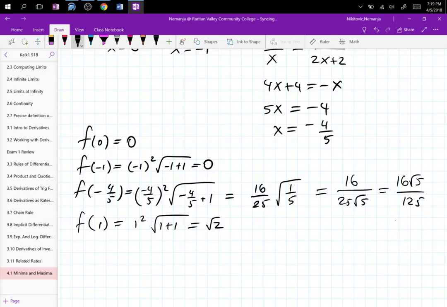Maybe that's easier to compute. I don't know. So what are the 4 points? We have 0, 0. We have -1, 0. We have -4/5 and whatever decimal you eventually give me. And we have 1, root 2.